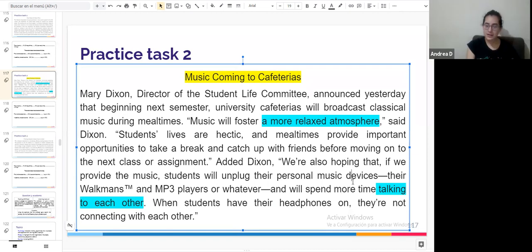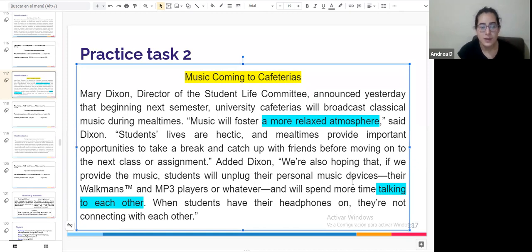Yes, perfect, exactly. So they want students to talk to each other, as you say, to socialize, to unplug their music devices and start talking or connecting with each other. That's great, Niela. Thank you. So yes, those are the two reasons.